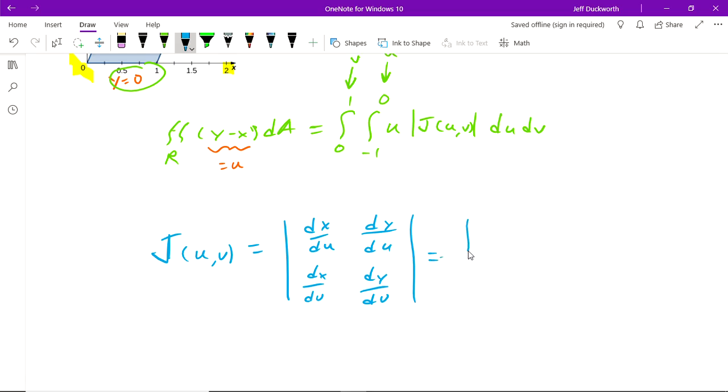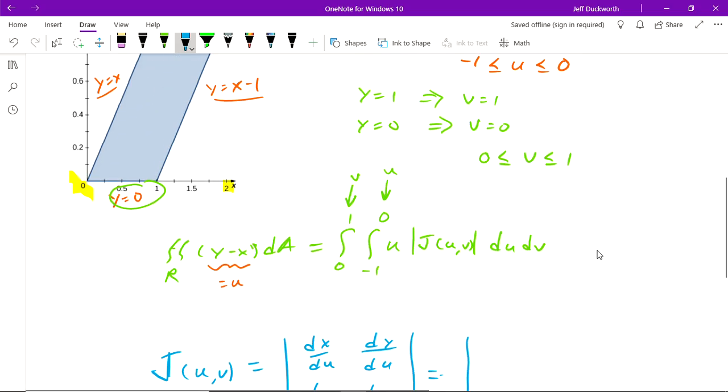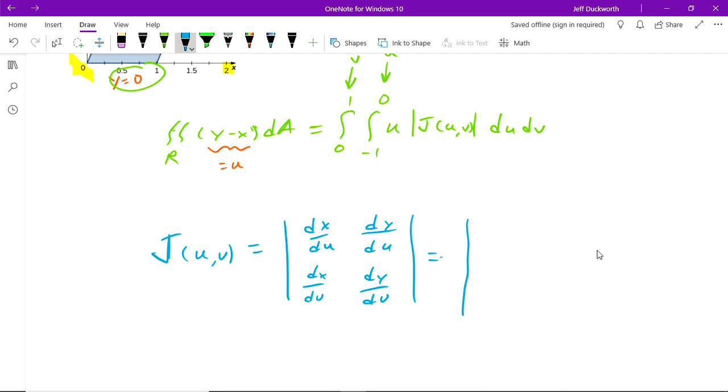So what are our values here? Our function there, we have it there. So this y minus x. So if we have y minus x, then dx du, let me rewrite the x.